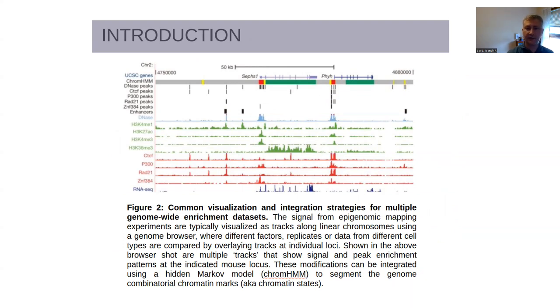And you can see that there are several different combinatorial patterns of these enrichment profiles just in this one region of the genome. And when we're analyzing this type of data, we need to consider tens of thousands of regions of the genome at the same time and all the different combinations and what their biological implications could be.